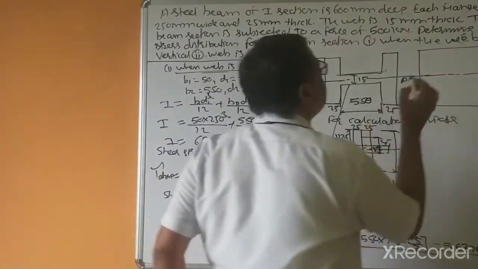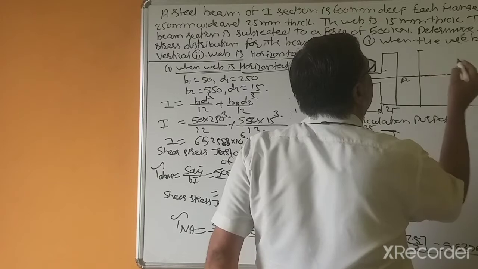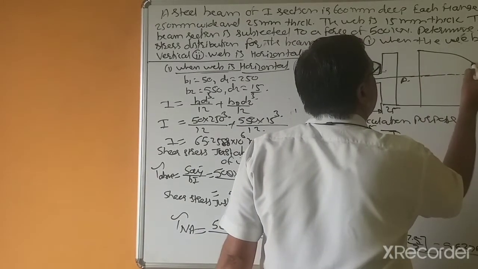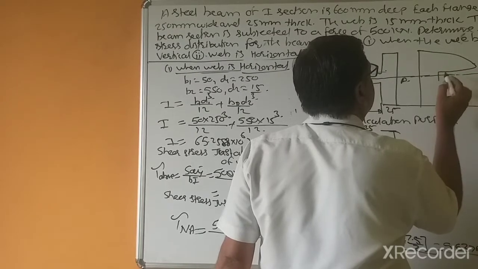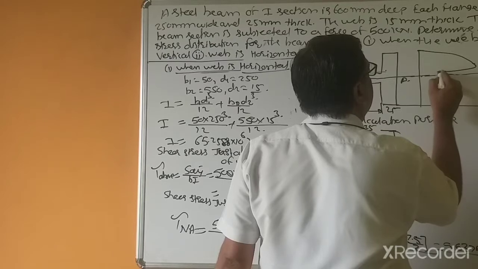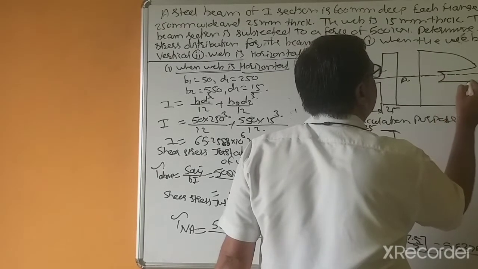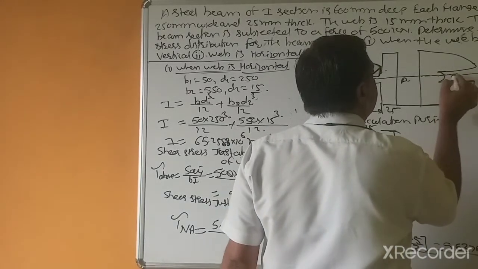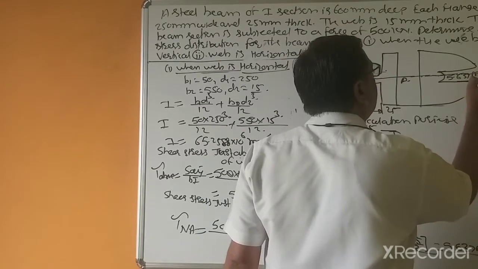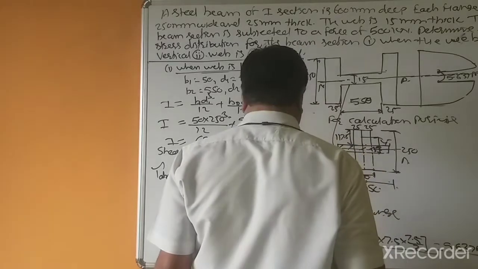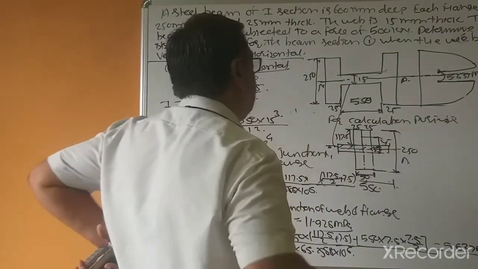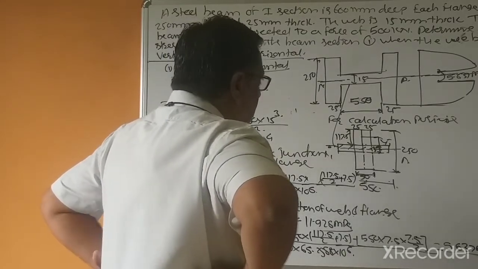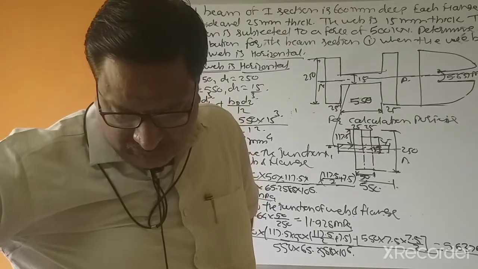So that's why these distributions. So this is about neutral axis 5.637 megapascal, and above, so still it is less.